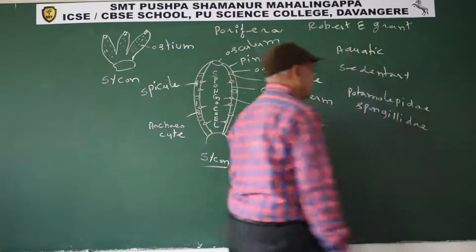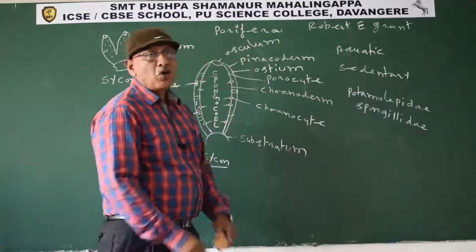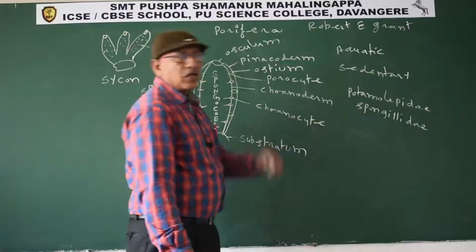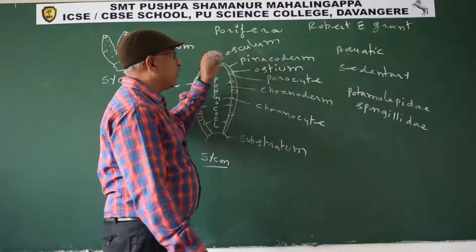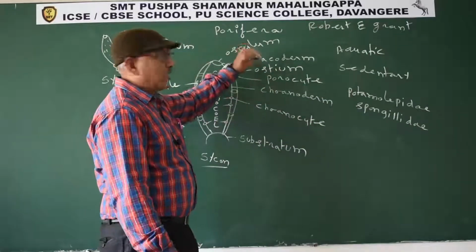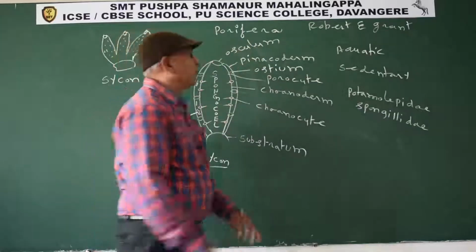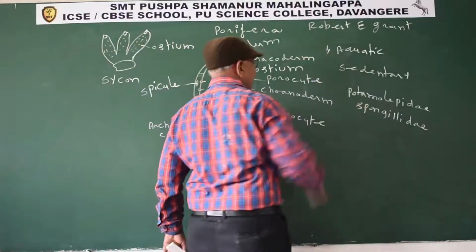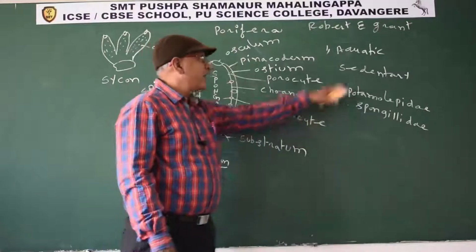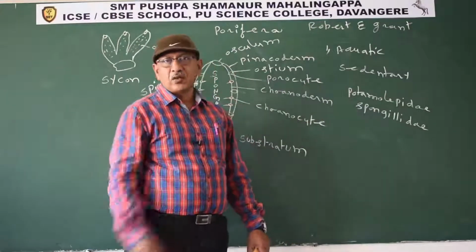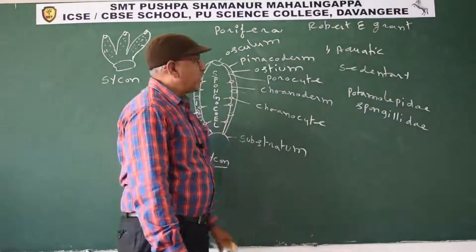Members of family Potamolepidae and Spongillidae are freshwater, and the remaining members are marine. First point, all are aquatic. All are sedentary, meaning fixed to the substratum, like plants.